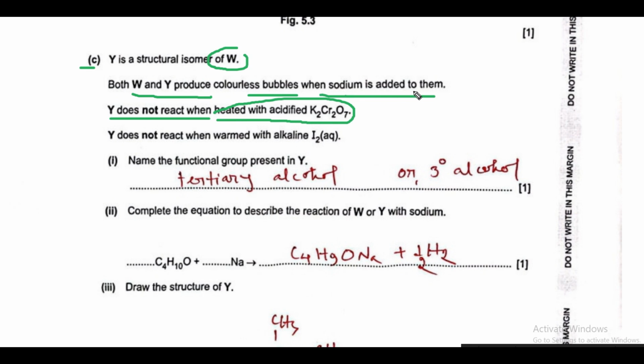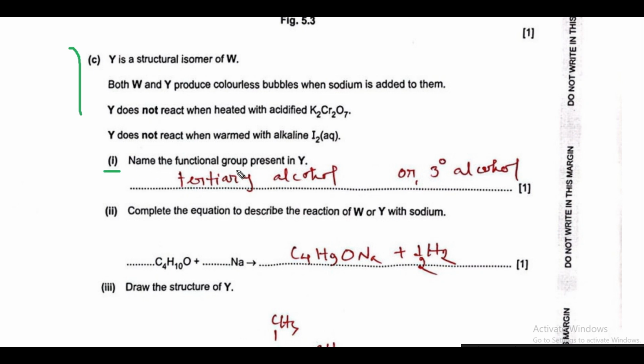As it reacts with sodium, it is an alcohol. As it does not react with acidified potassium dichromate, this alcohol is not oxidized. You know, a tertiary alcohol does not oxidize. And Y does not react when warmed with alkaline iodine, which means it will not show the iodoform test. The iodoform test is given only by ethanol, secondary alcohols with a methyl group, and methyl ketones.